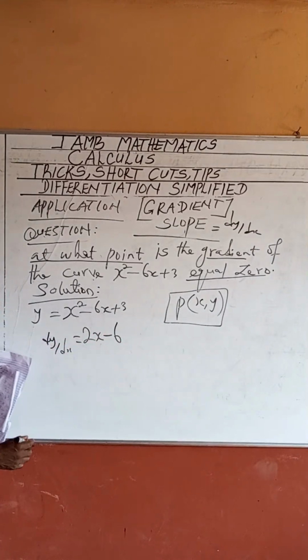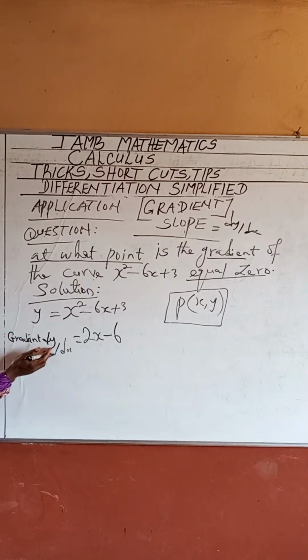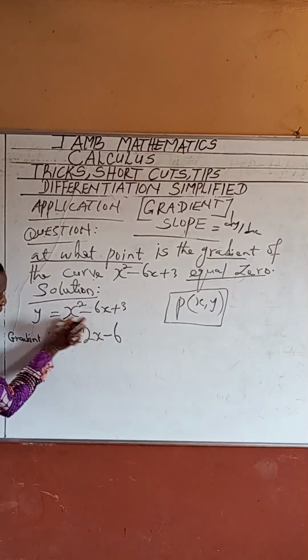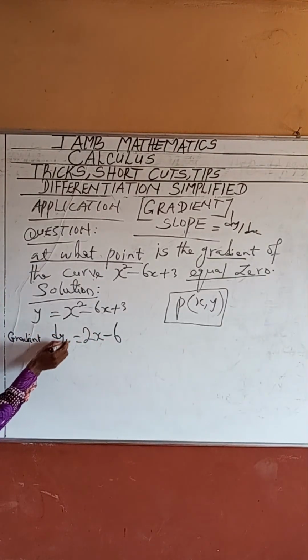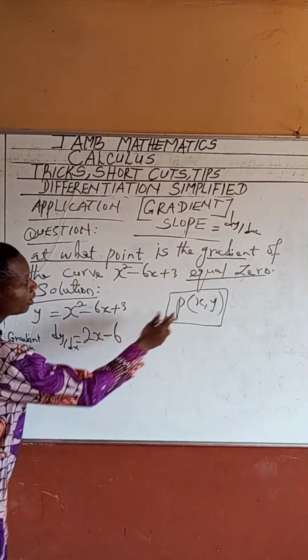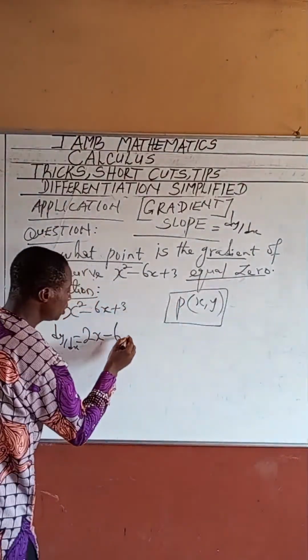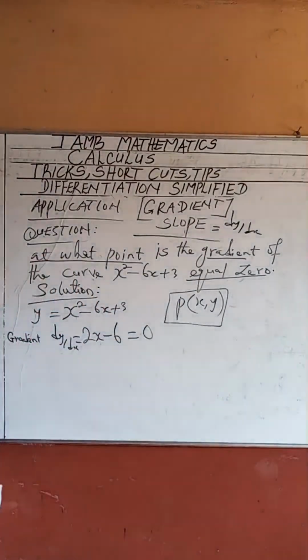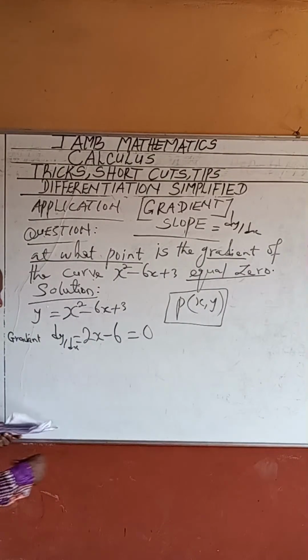We are told that this gradient, which is dy dx, is 0, so equate it to 0 so that we can find the value of x.